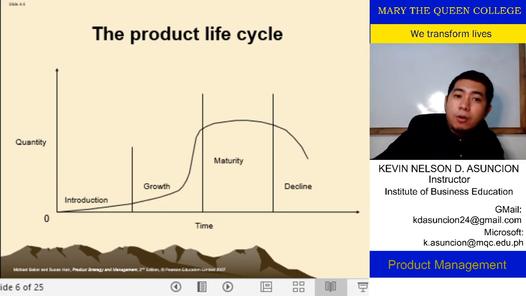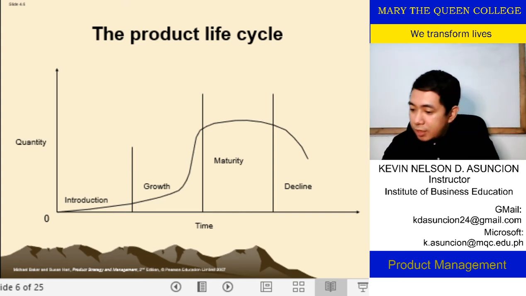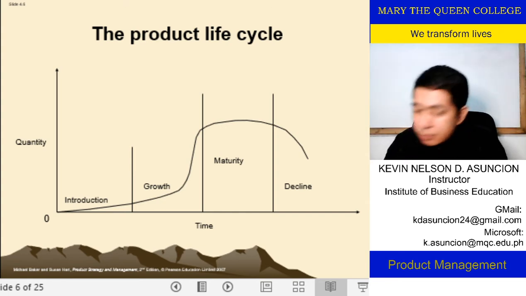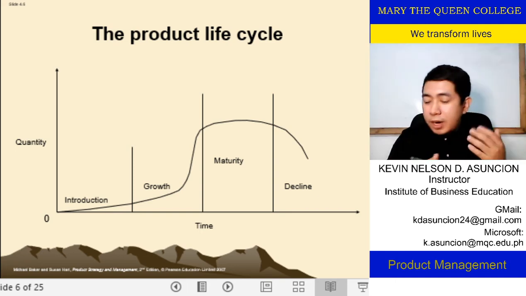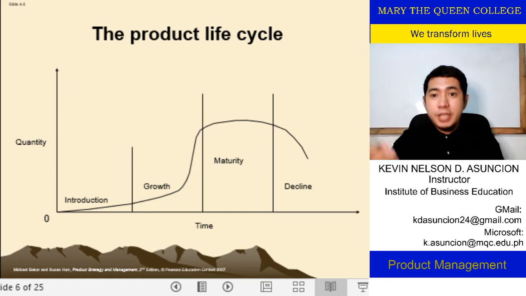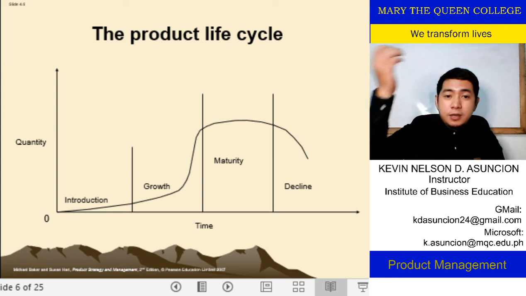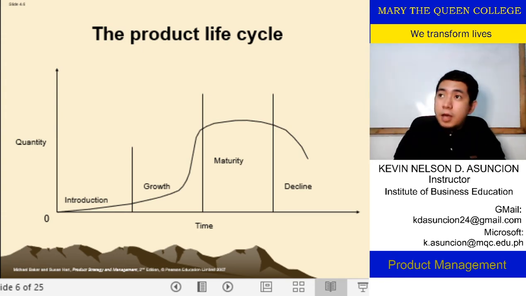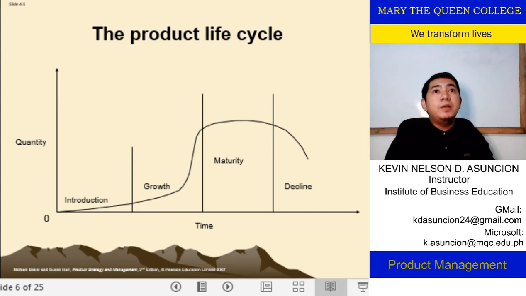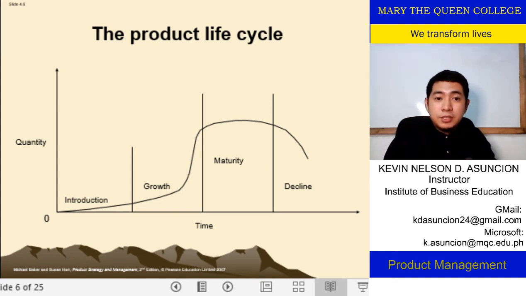When you are born, you'll be introduced. You are at the introduction phase. That's also the infant stage and toddler stage, and that's the growing stage. So you grow, you get older, and there comes a time that you stop developing physical attributes, and then you try to build up maturity by yourself, not just physically, but also in decision making.